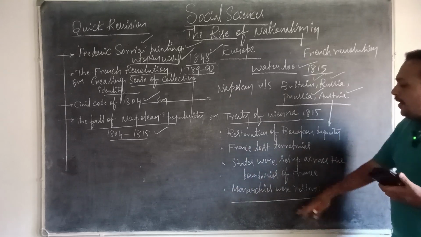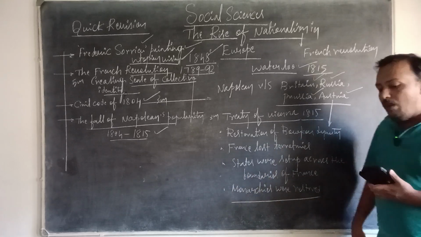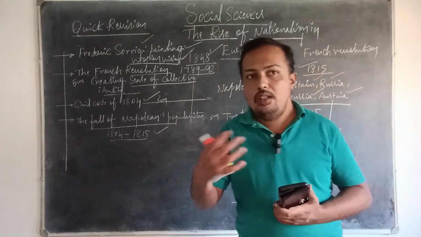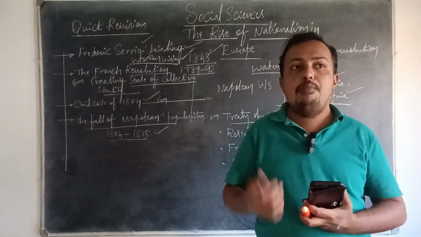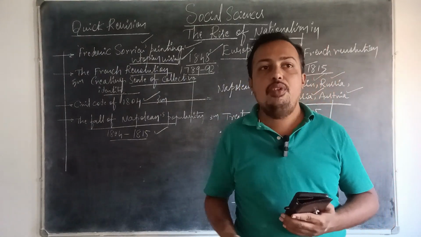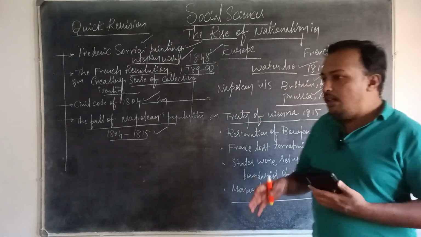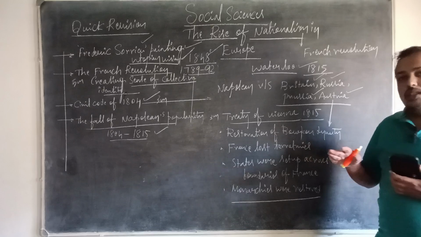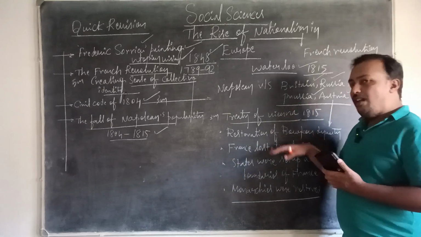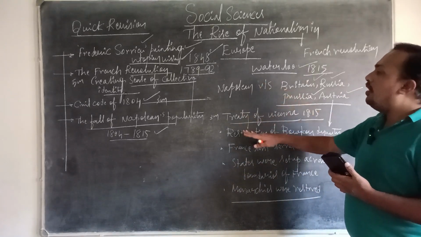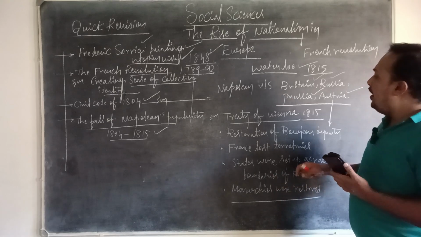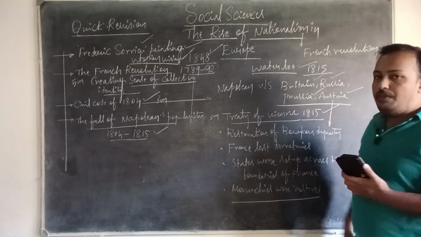Monarchies were restored to power. So you can see conservative rule was restarted after the complete decline of Napoleon in Europe, in 1815.